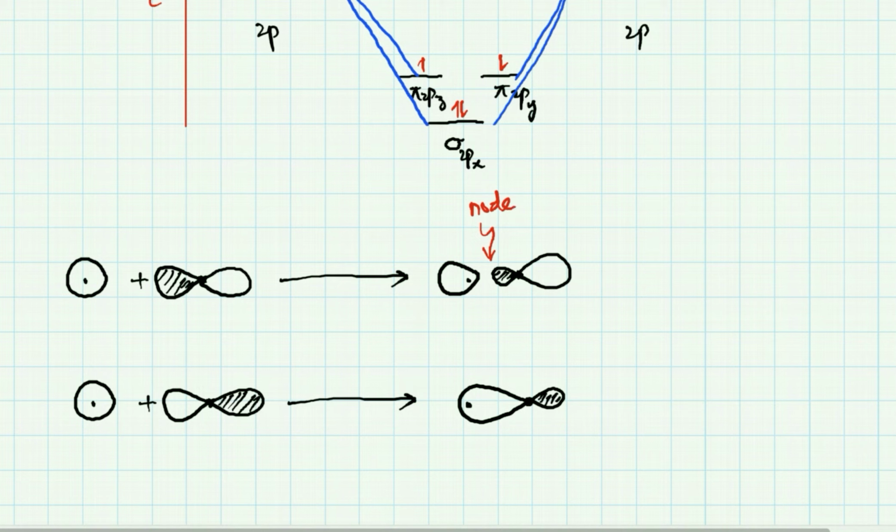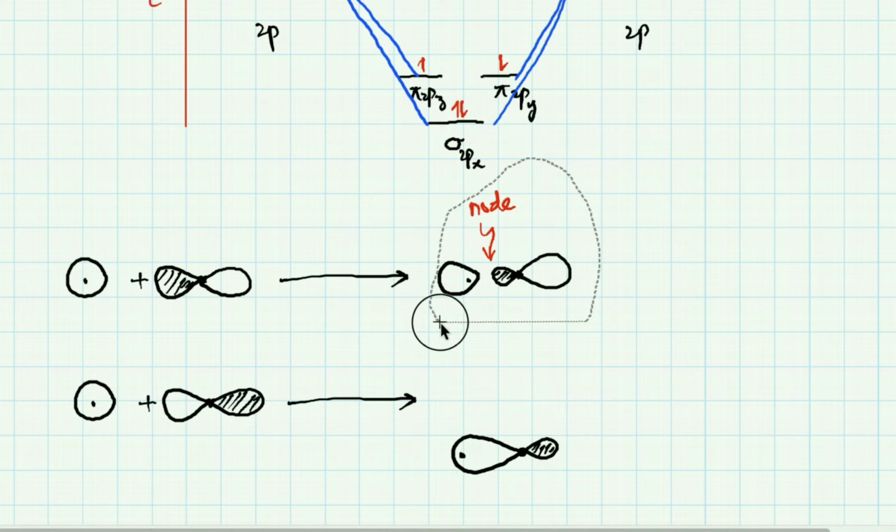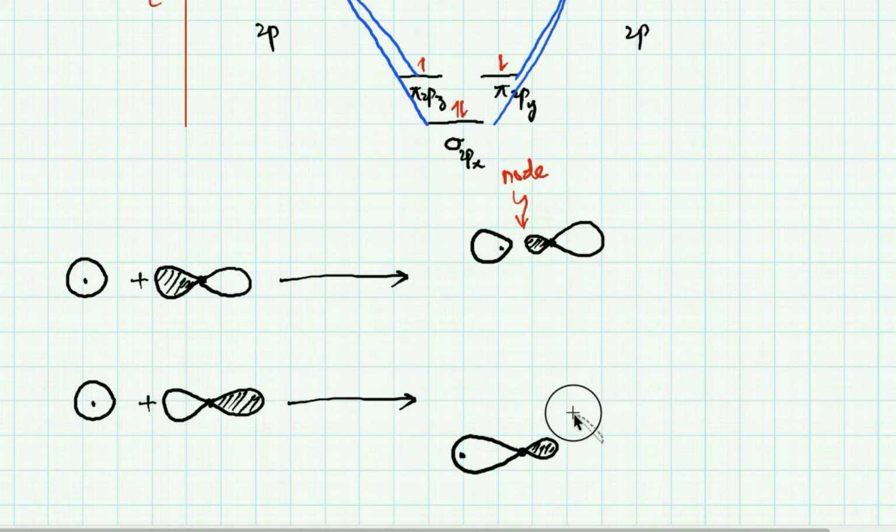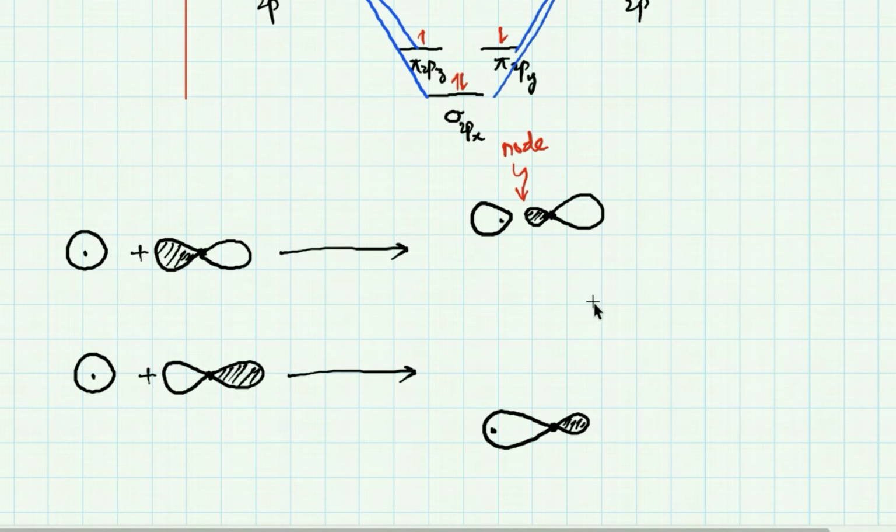So it will be having a bonding molecular orbital and an anti-bonding molecular orbital.